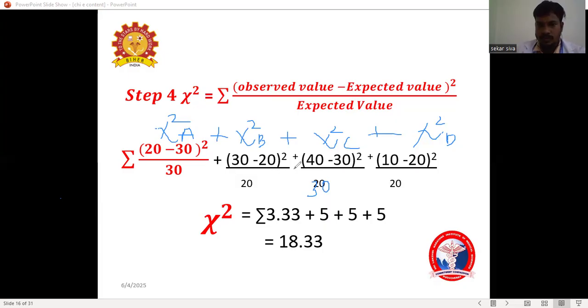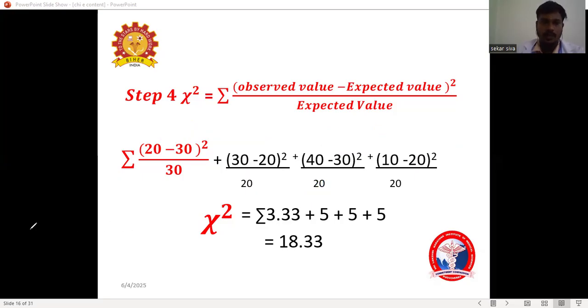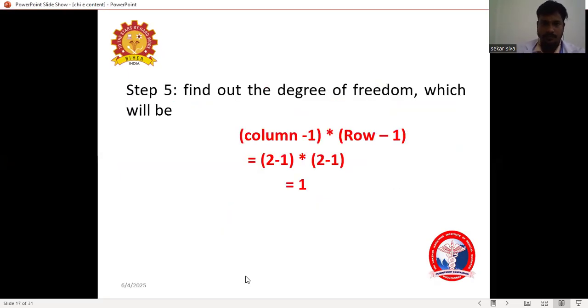If you do this calculation, it will come 3.334 chi-square for A and 5 for chi-square value for B, C, and D respectively. And the total chi-square value is 18.33. So overall chi-square value is 18.33.